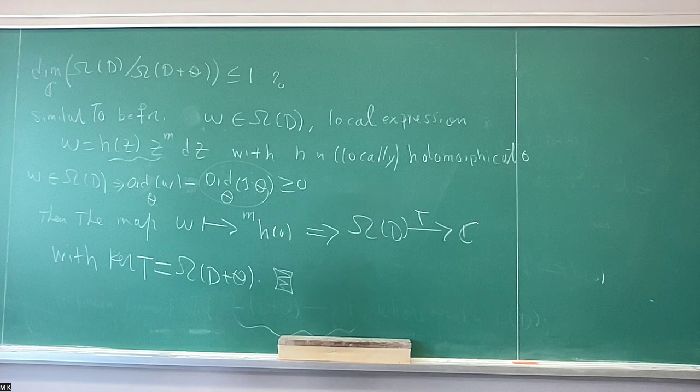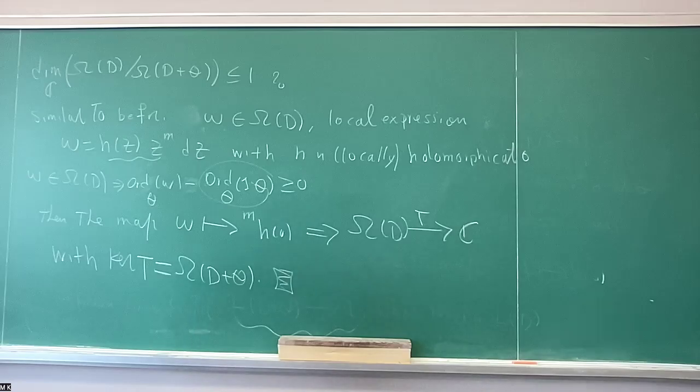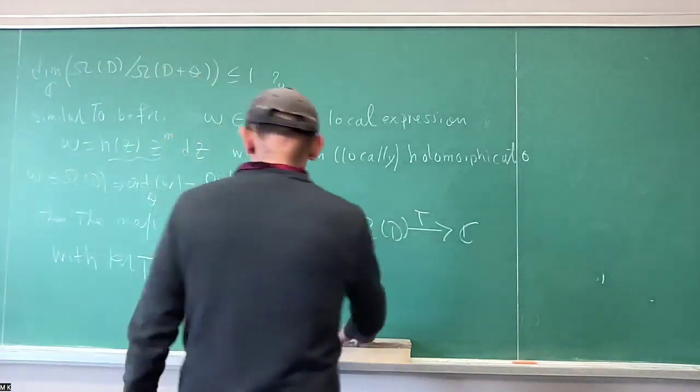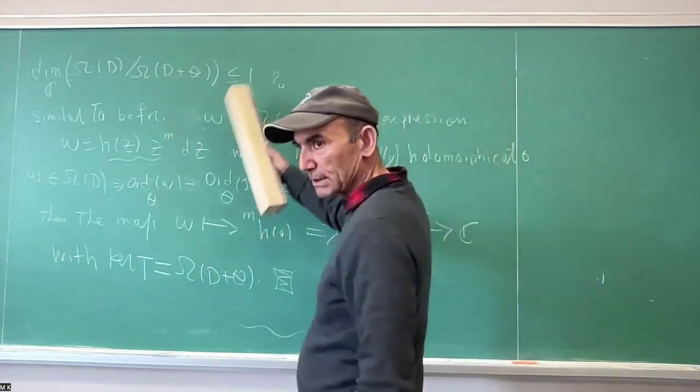Okay, now we want to prove the main thing, that the goal of these two things is to prove finiteness of this space of meromorphic functions and holomorphic one forms. So that's the thing we have to do now. So can I erase this?